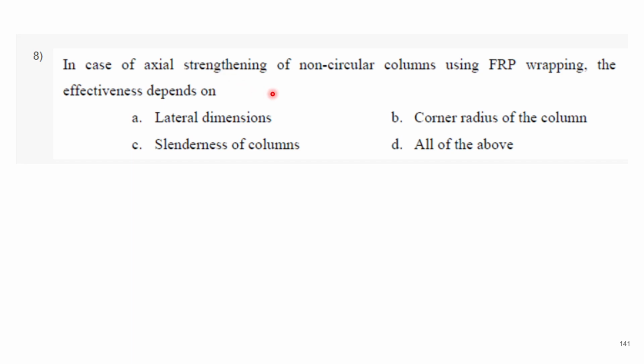Eighth question. In case of axial strengthening of non-circular columns using FRP wrapping, the effectiveness depends on A, lateral dimensions, B, corner radius of the column, C, slenderness of columns, or D, all of the above. If you remember, in the axial strengthening of non-circular columns, all three take part: the lateral dimension, that is the aspect ratio, the corner radius of the column, and the slenderness of columns.